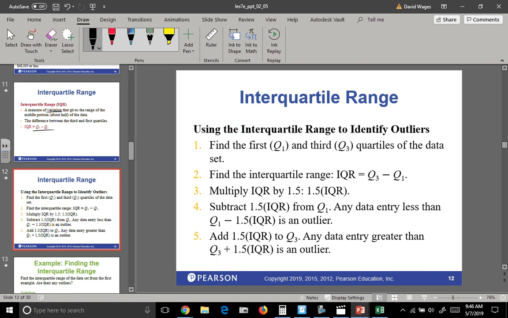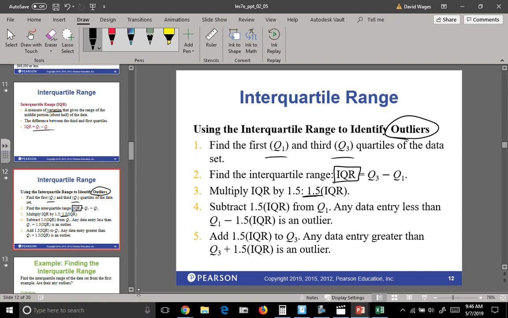Now that's often used to find things called outliers. Outliers are values that are outside what is considered to be normal. So to find outliers, we have to find our first and our third quartile, and we get our interquartile range. And then we're going to multiply our interquartile range by a factor of 1.5.